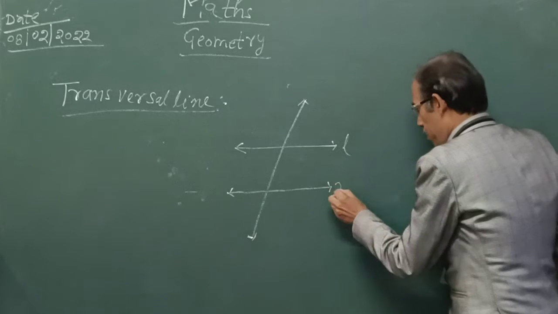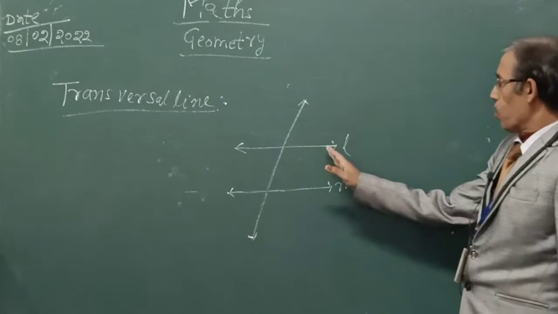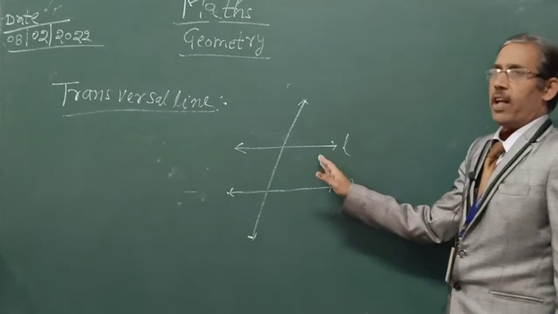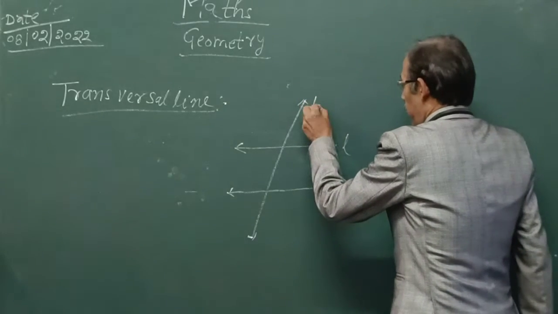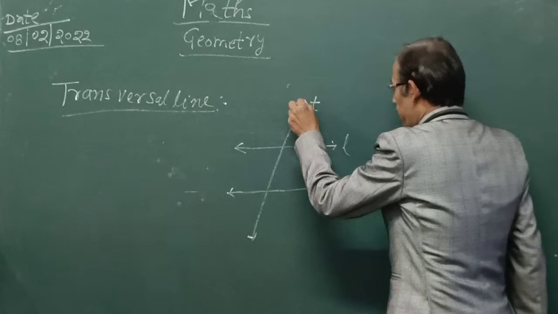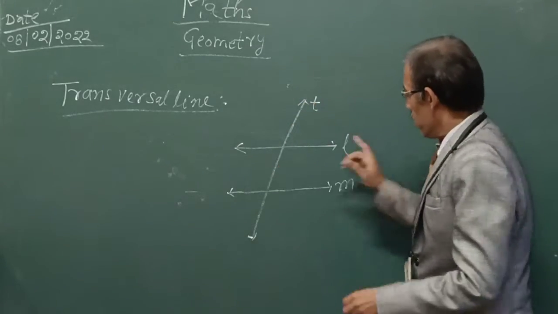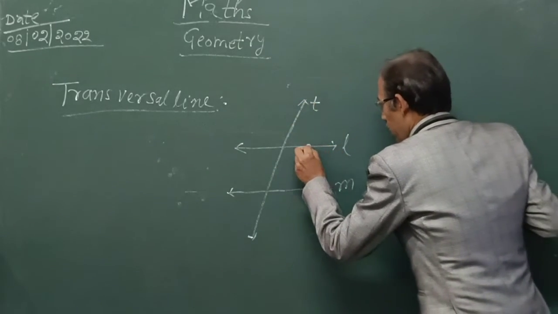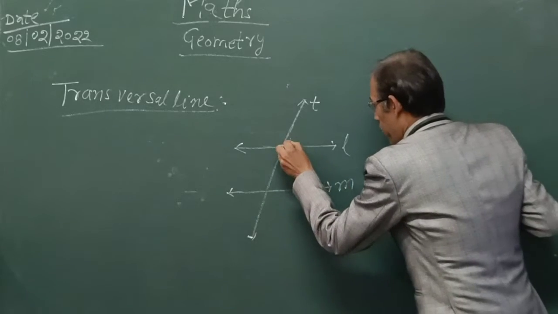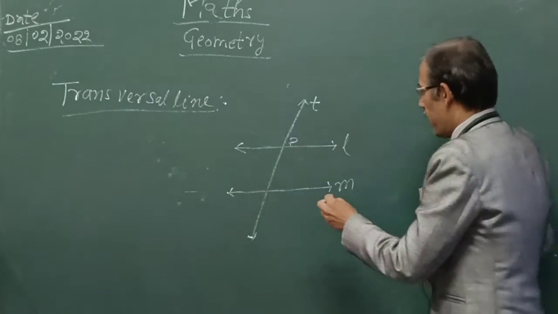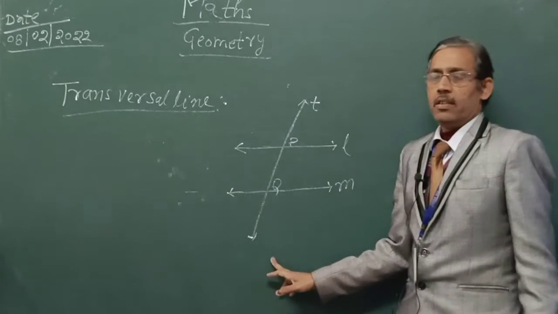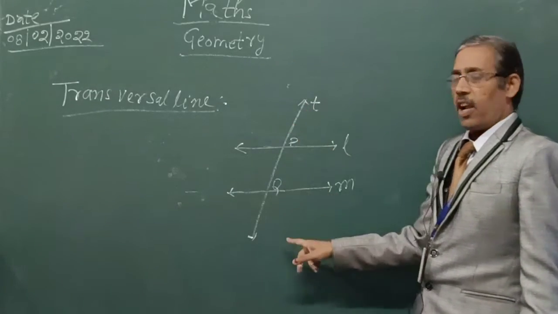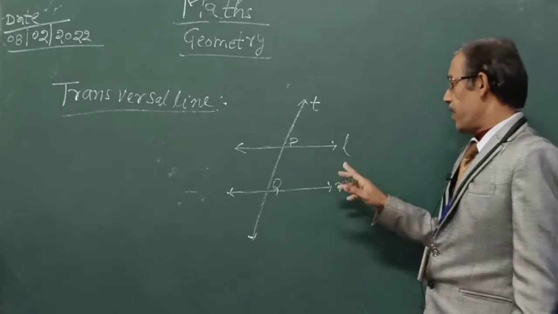If L and M are two lines, and a straight line P intersects line L at a point P and line M at a point Q, then this straight line is called a transversal for these two lines L and M.